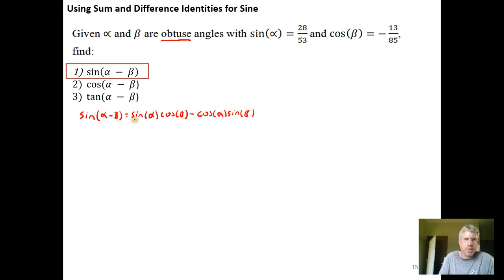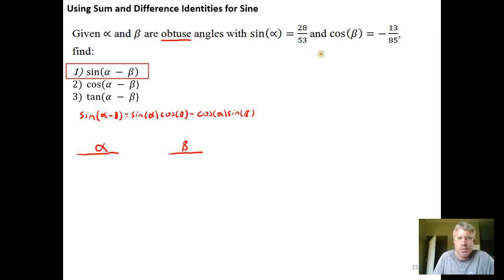So we would need to be able to calculate these values, sine alpha, cosine beta, cosine alpha, sine beta, for angle alpha and for angle beta.